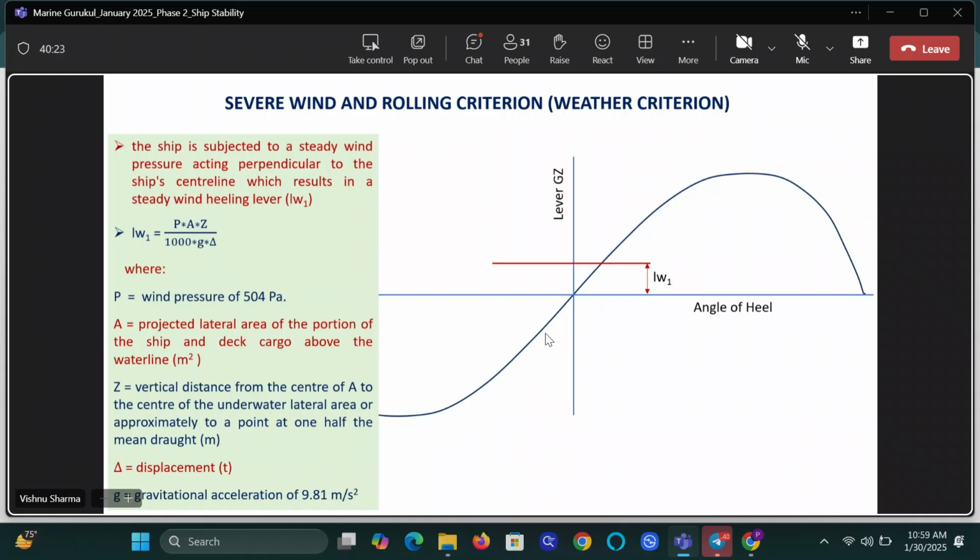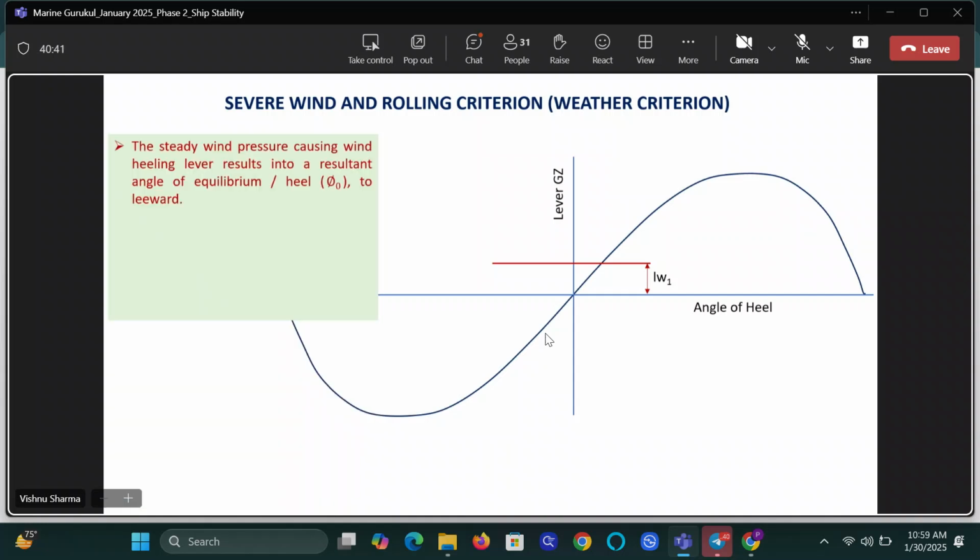Every point on this slide is clear, understood? Yes, sir. Okay. Because once you learn it in steps, then this question is as good as numerical, guys. If it comes in theory, you should never leave it. It's as good as a numerical. The steady wind pressure causes the vessel to heel through angle phi 0 into the lee.